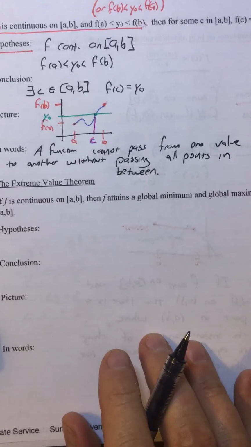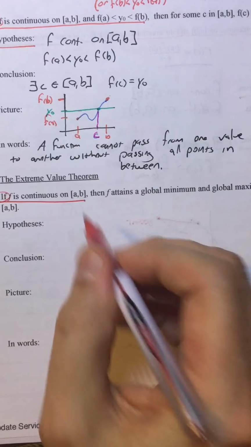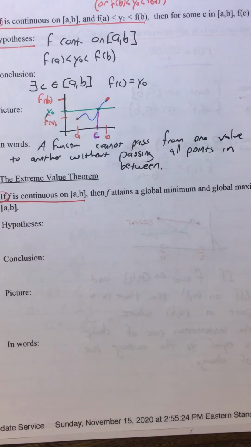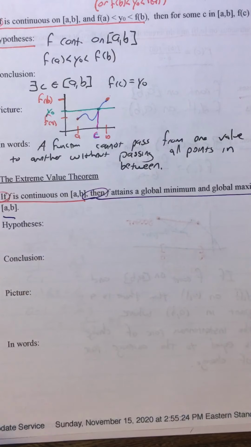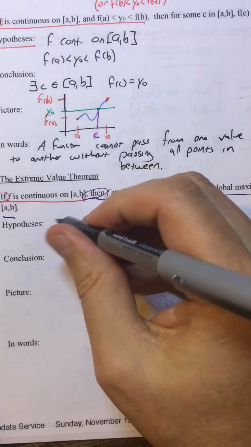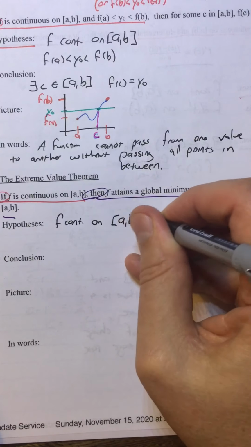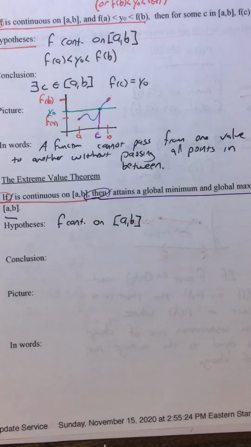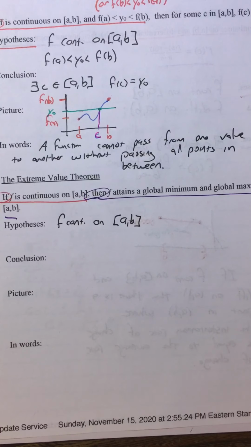And then the extreme value theorem. Hypotheses: f is continuous on [a, b]. Conclusion: f attains a global minimum and a global maximum on [a, b]. By the way, the word attains is specific in mathematics. It means that f has those things as values of the function.